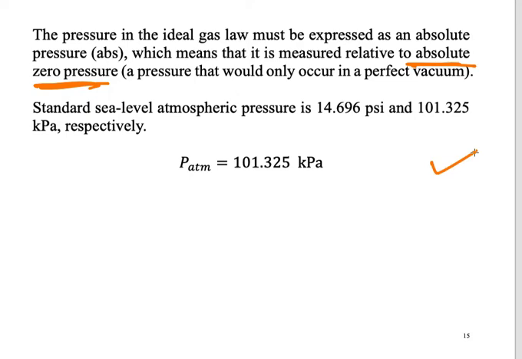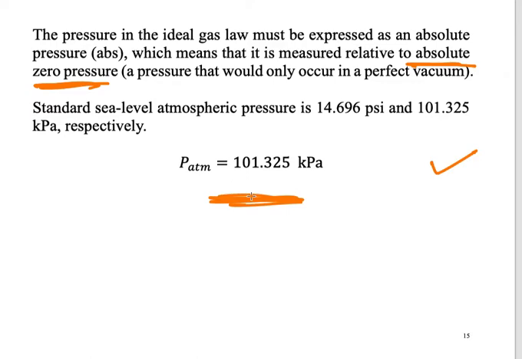For your information, standard sea level atmospheric pressure is 14.696 pounds per square inch, or equivalent to 101.325 kilopascal. So we could take atmospheric pressure as equal to 101.325 kilopascal.